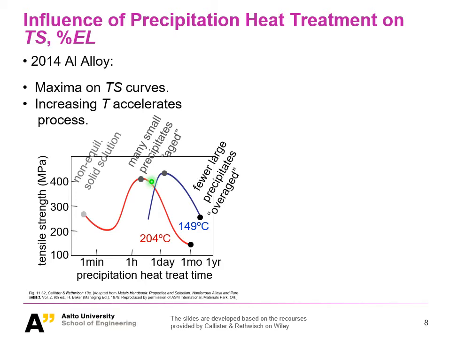And if you keep your precipitation hardening time too long, you will see the tensile strength drop. Maybe you can also imagine the reason.